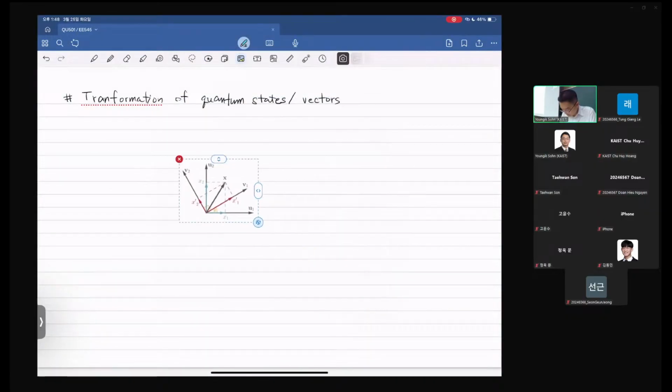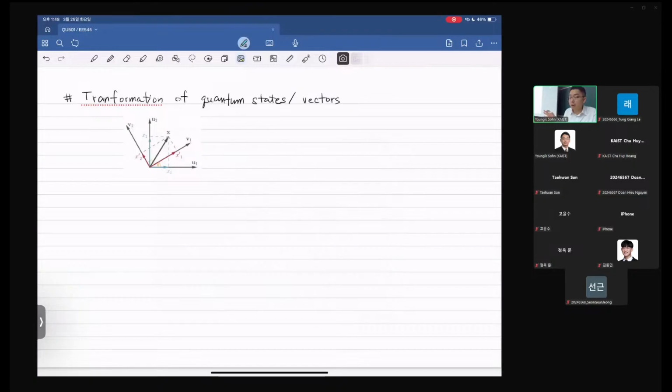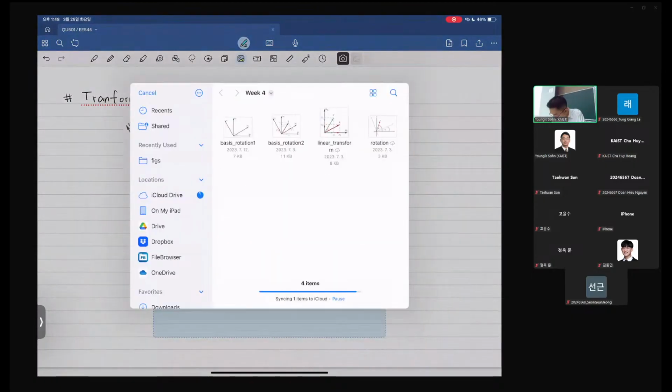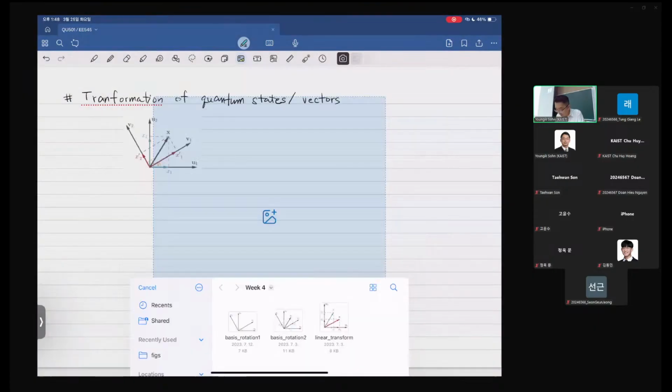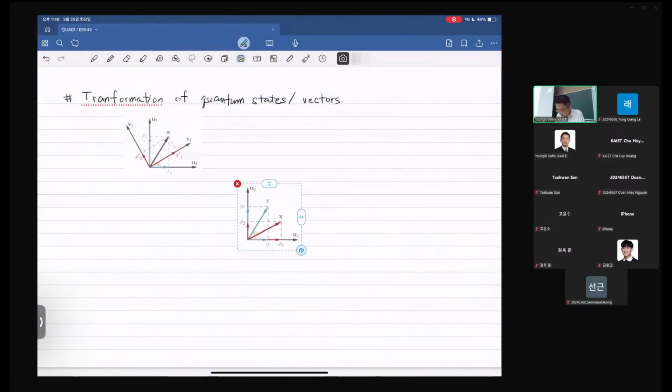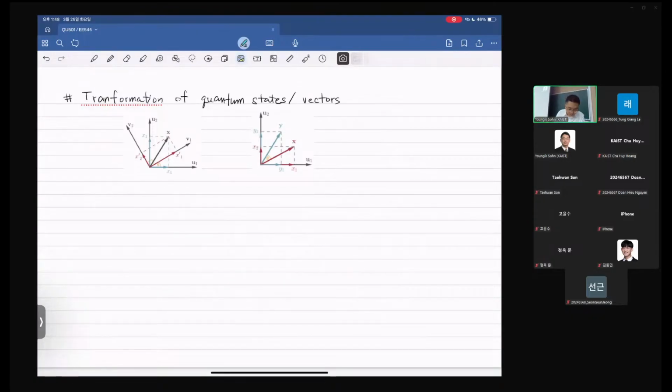So far we have been discussing both concepts. You are changing U1, U2 to the V1, V2 axis, right? Even the same vector reads with different numbers. And also there is another concept where you're actually changing X to Y. You are changing that red thing to the blue thing, okay? You're actually changing the quantum state. There are two different quantum states.